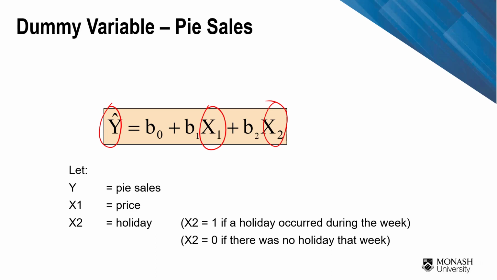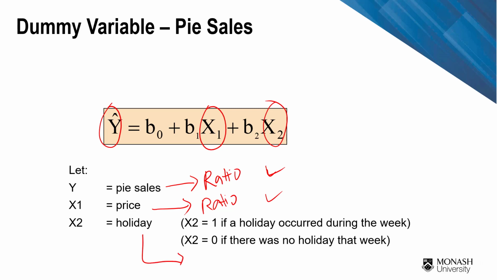Before we dive into dummy variables, let's understand what scales these variables are. Pie sales looks like a ratio. Price is also a ratio. Those ratio variables you can incorporate into regression straight away.